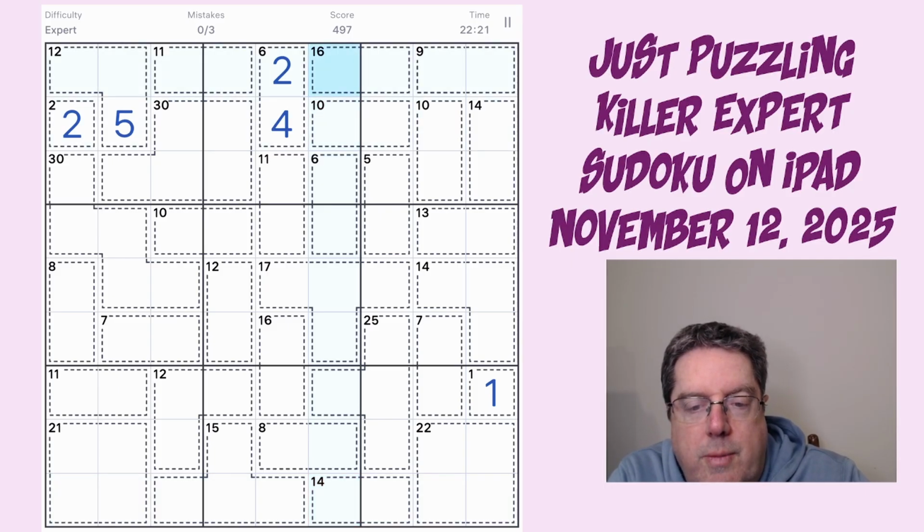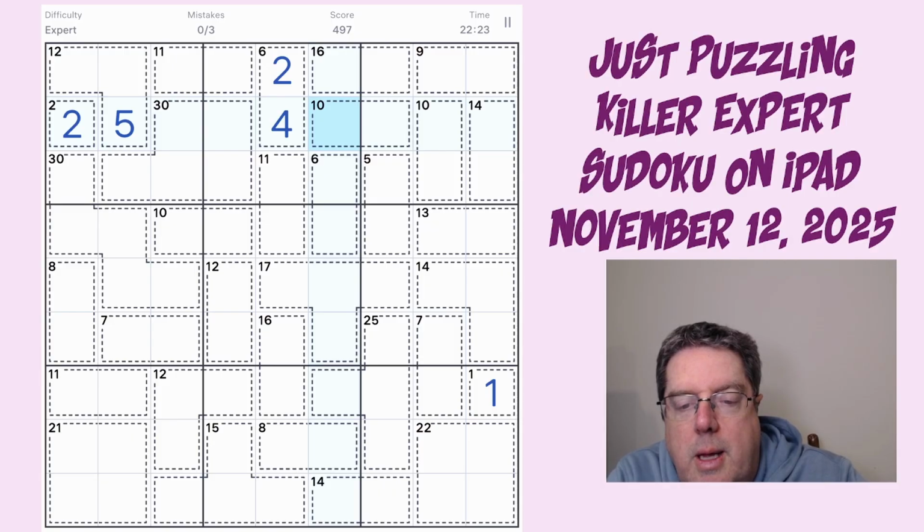So 9 and 7 are definitely one of those two there. 1 and 5 are here. So 1 can be there, and 7. 5 can be here with a 3. Actually, 7's out, because that's a 7 there.